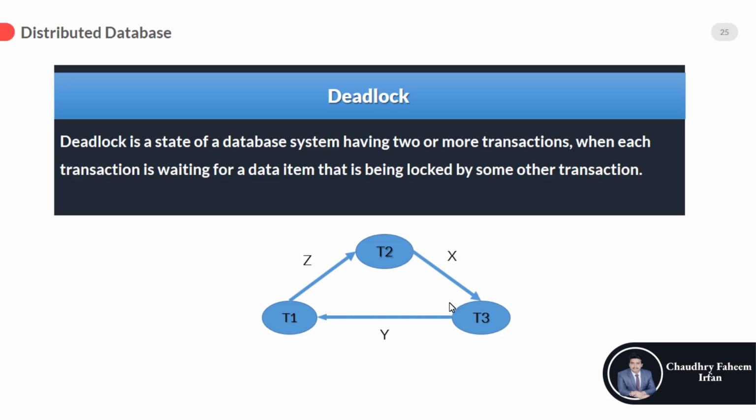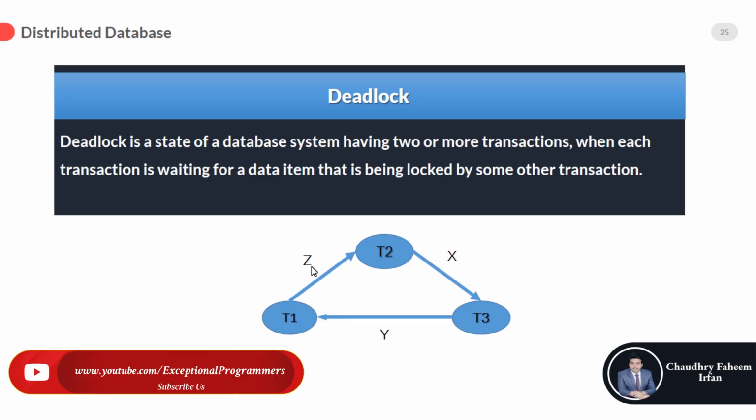So Z, Y, X, these are the data items, and T1 is waiting for T2, T2 is waiting for T3, T3 is waiting for T1, and these are the transactions T1, T2, T3.